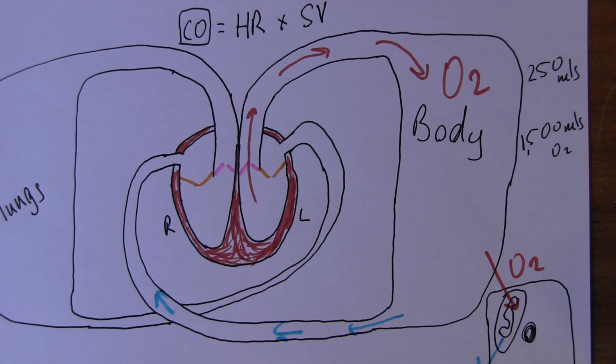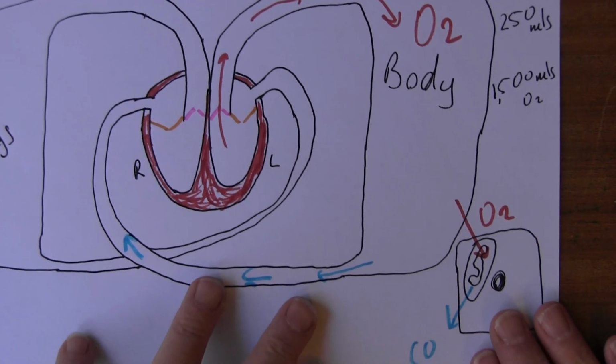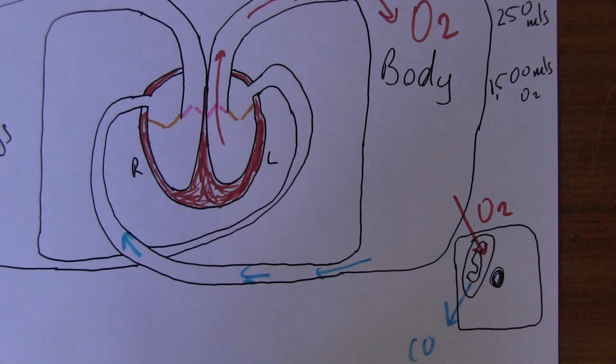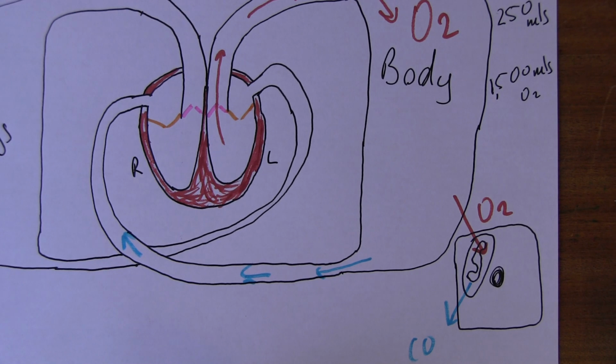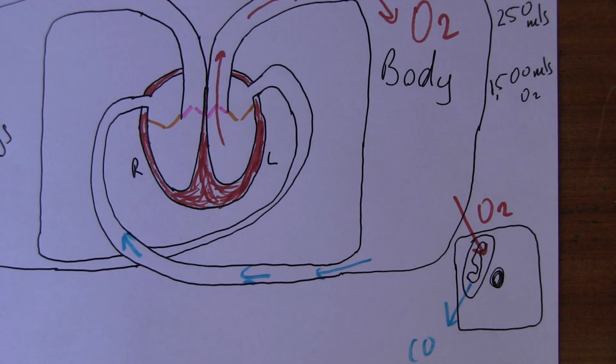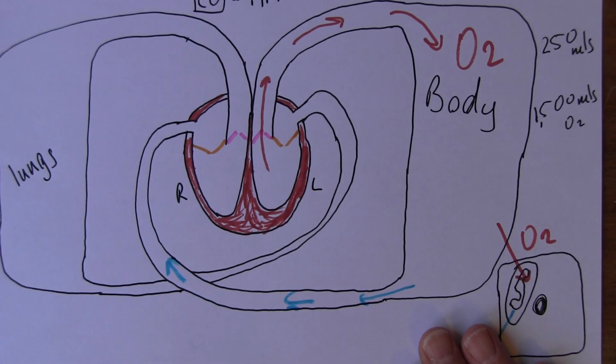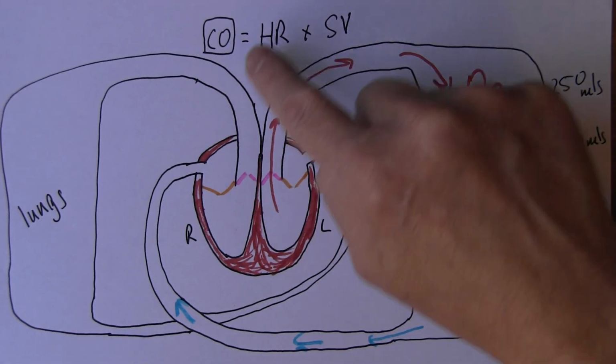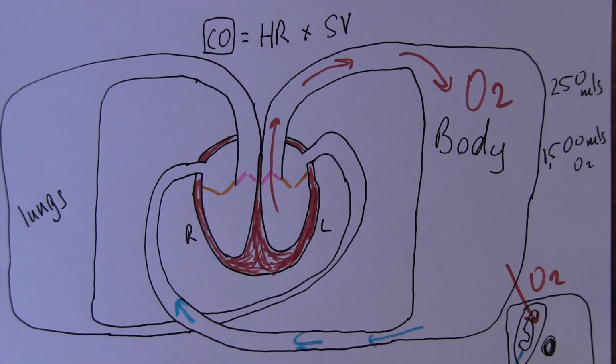So that quite nicely explains the shortness of breath and the fatigue, because of course all the muscles in the body need the oxygen, otherwise they're going to get tired. The brain needs oxygen or it's going to feel tired. And in heart failure, the cardiac output is insufficient to meet the metabolic demand.